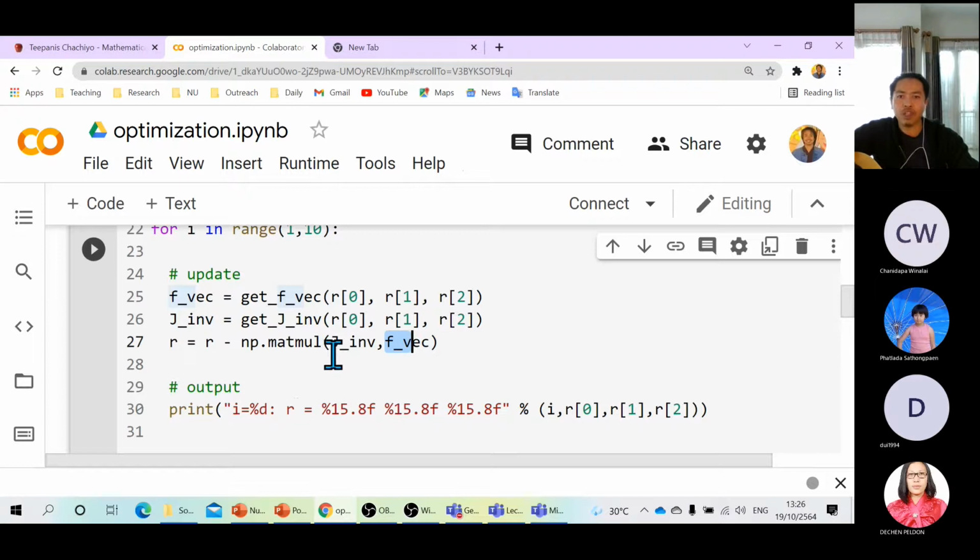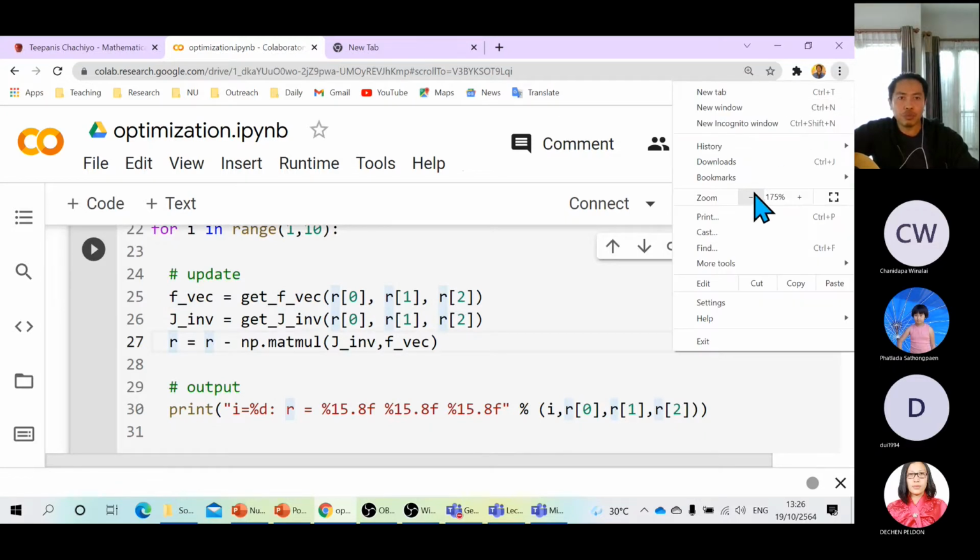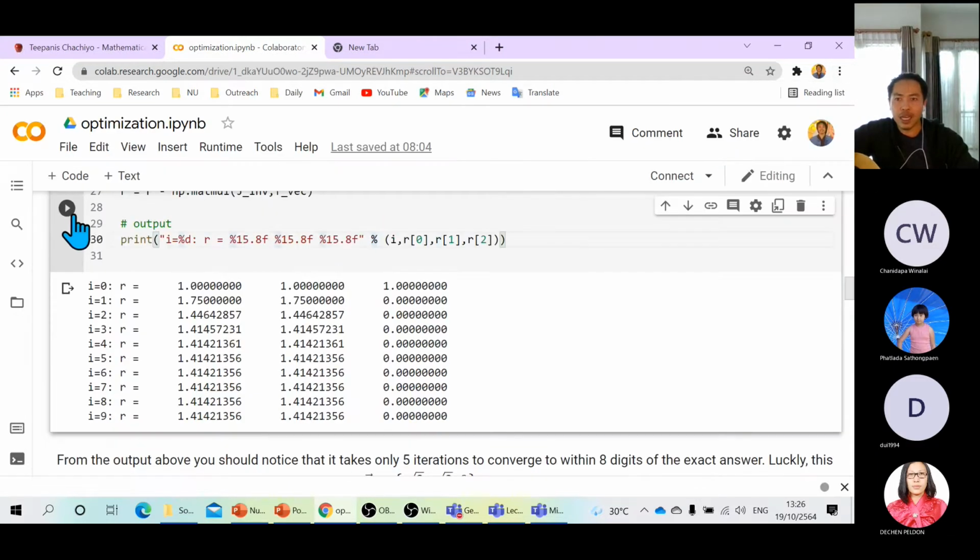So you multiply them, then subtract it from the previous R value, and then update. So let me run the calculation. Okay, it's going to take some time.